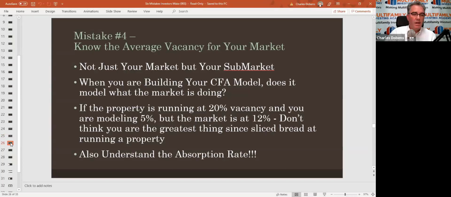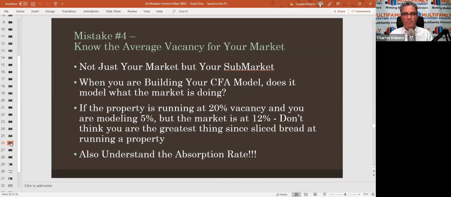Also, I see this come up quite a bit on the absorption rate. I know that there are people on the call right now that have no idea what the absorption rate even means. This comes into play most likely when you're dealing with a rehab or a repositioning. Let's just think about it logically.